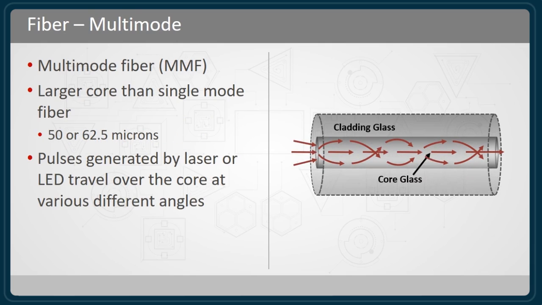Now, its counterpart is multi-mode fiber, or MMF, which has a larger core than single-mode fiber, 50 or 62.5 microns, and pulses are generated by laser or LED, and they travel over the core at various different angles. So, in other words, there's a lot of reflecting going on. But with this, it means that it's not suited for lengthy installations, such as getting to a person's home.